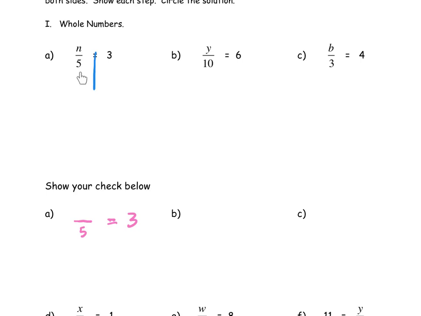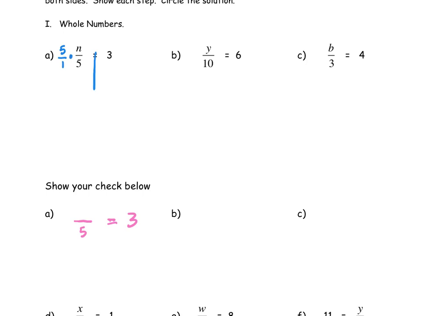But because this resembles a fraction, we're going to write 5 as a fraction. So I'm going to multiply by 5 over 1. So 5 over 1 is the same thing as 5.